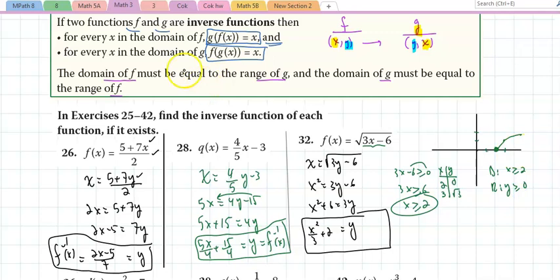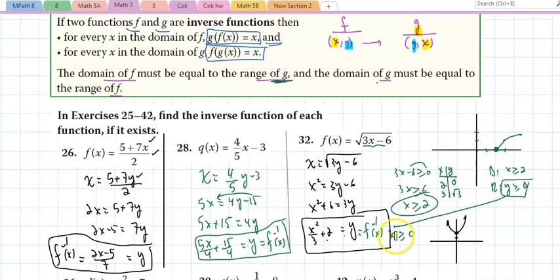Remember what this says: the domain and the range must match. So this range should become this domain. If I restrict x to be bigger than or equal to 0, then I could label that as the inverse. And why is that? Because if you look at the graph of this, x squared over 3 plus 2 is a parabola that looks like this.